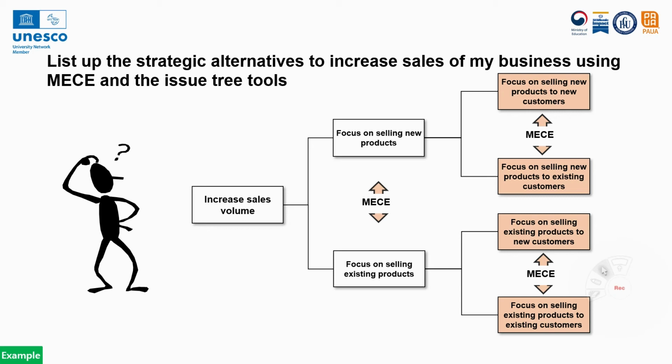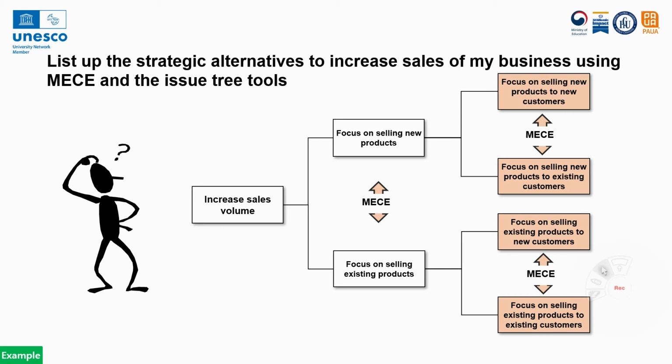But as I have emphasized a couple of times, instead of simply saying increase sales volume, you'd rather specifically mention, I want to increase my sales volume by 1 million, from 3 million to 4 million in 2021.